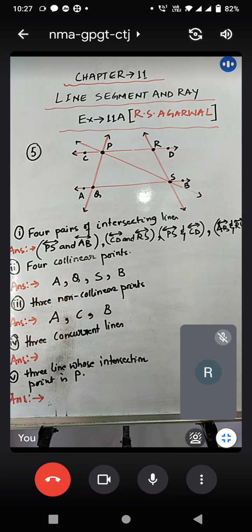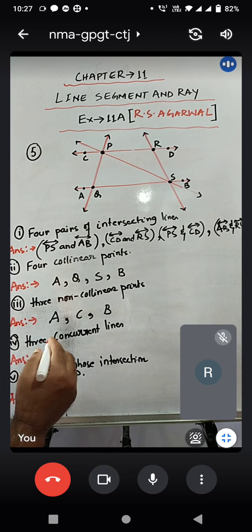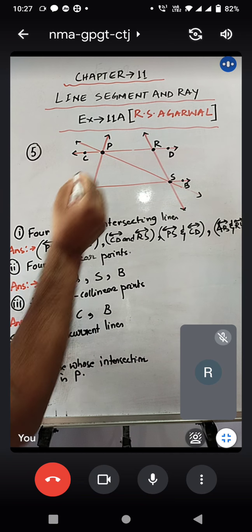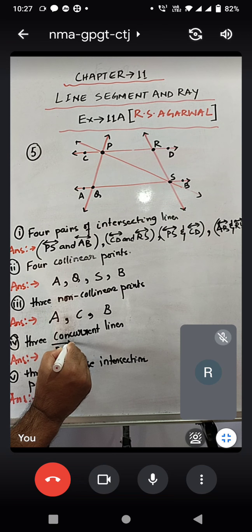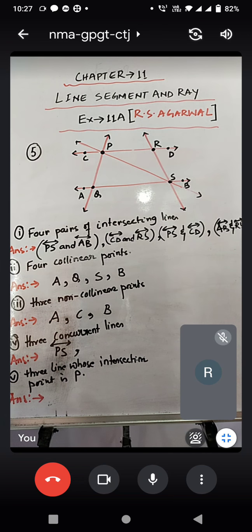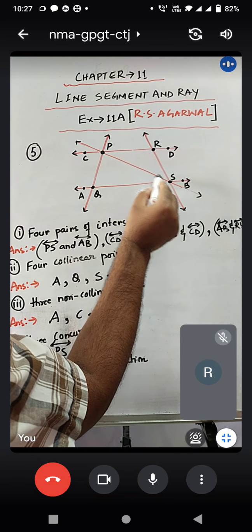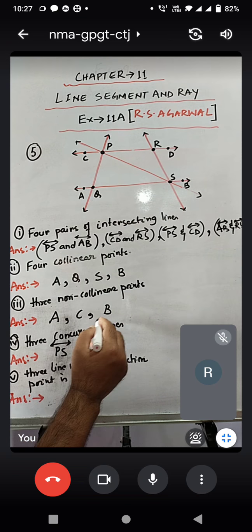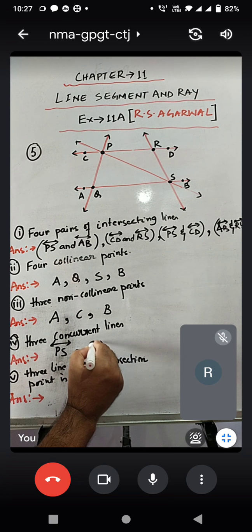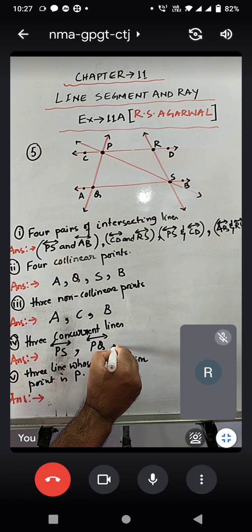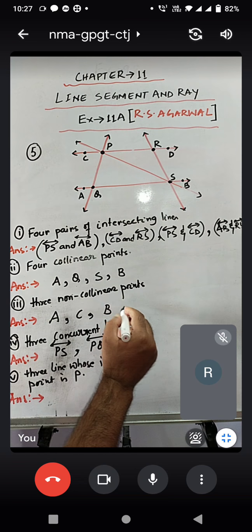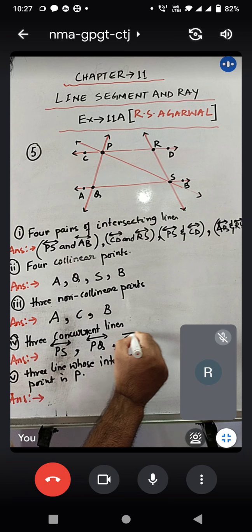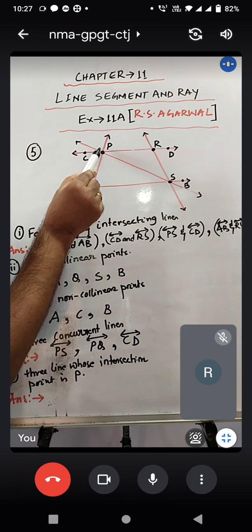Those lines are PS, PQ and CD. Why are they concurrent?